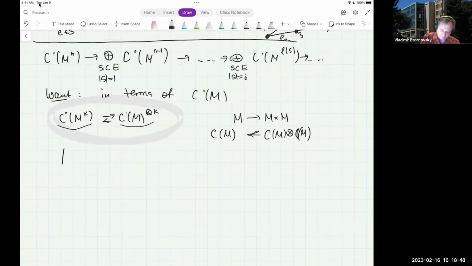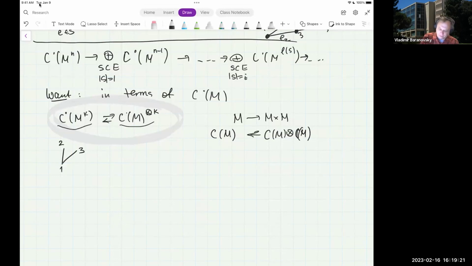Suppose we have a graph with just 3 vertices, 1, 2, and 3. It means that we have started with the Cartesian cube of our manifold, with points x1, x2, and x3. Then we impose the condition that maybe at first x1 equals x2, and then x1 equals x3, or we can impose them in the opposite order.